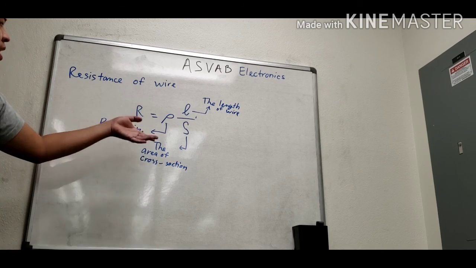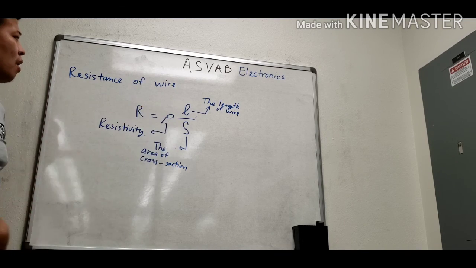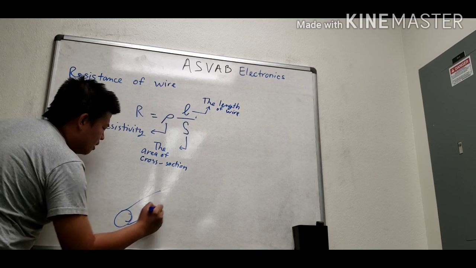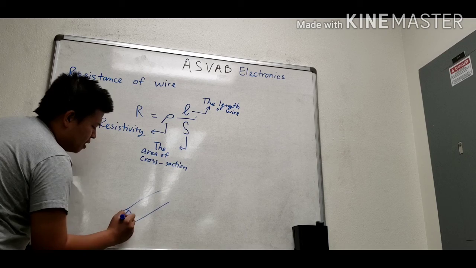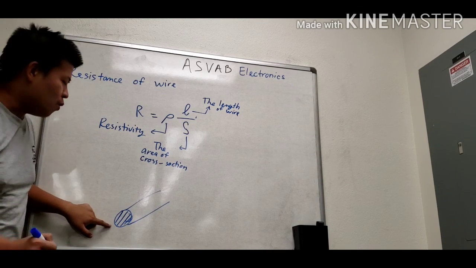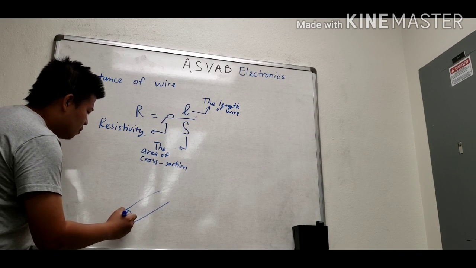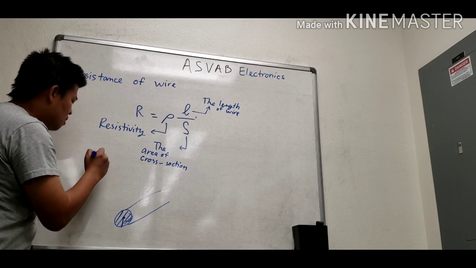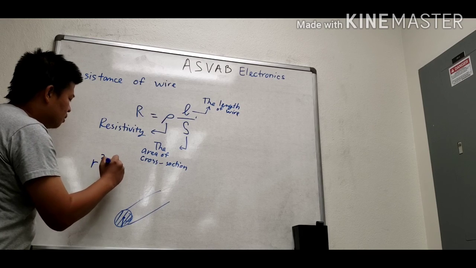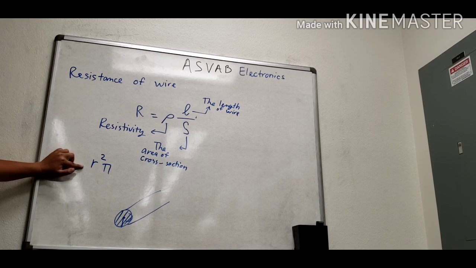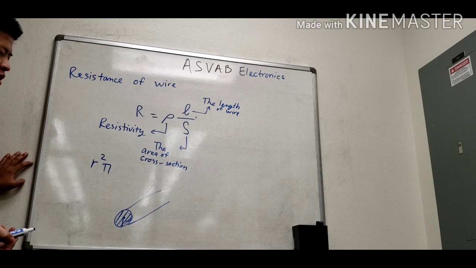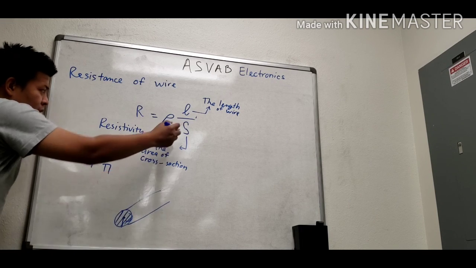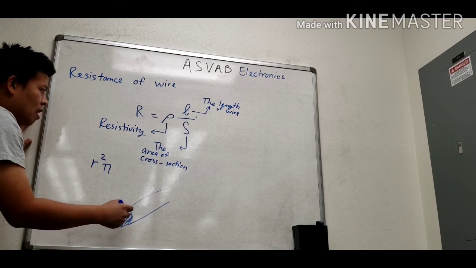So I will explain what S and L are. In here we have the wire. This area is the cross section of the wire, and to find the area of the cross section, we just use pi R squared. R is the radius, pi is 3.14, and we calculate the area of the cross section of the wire.